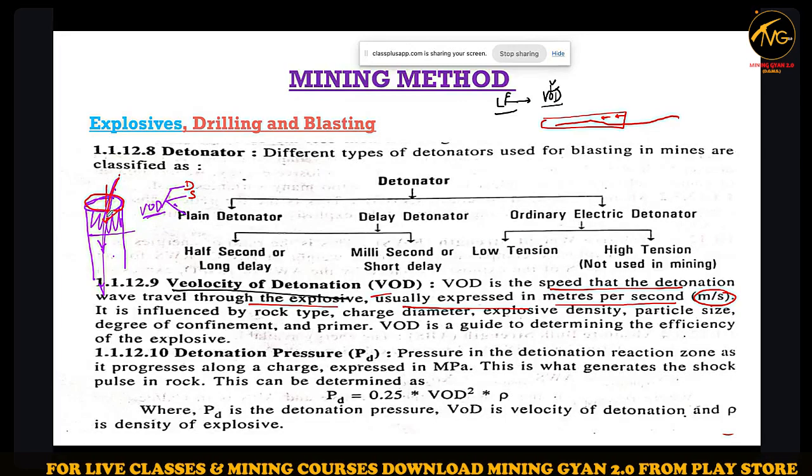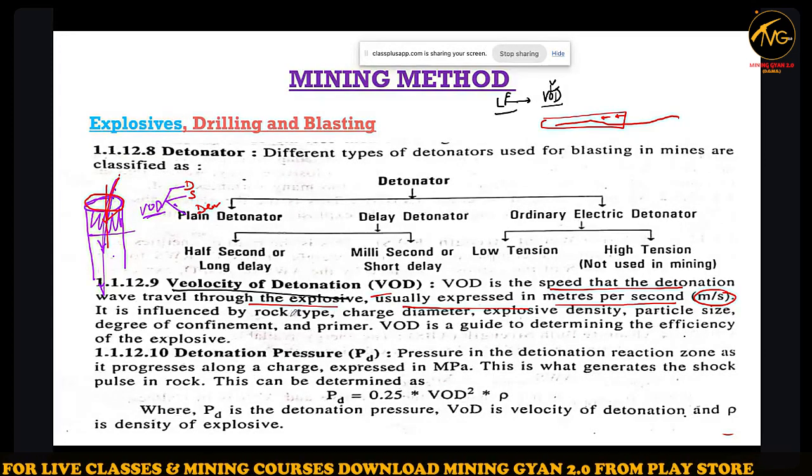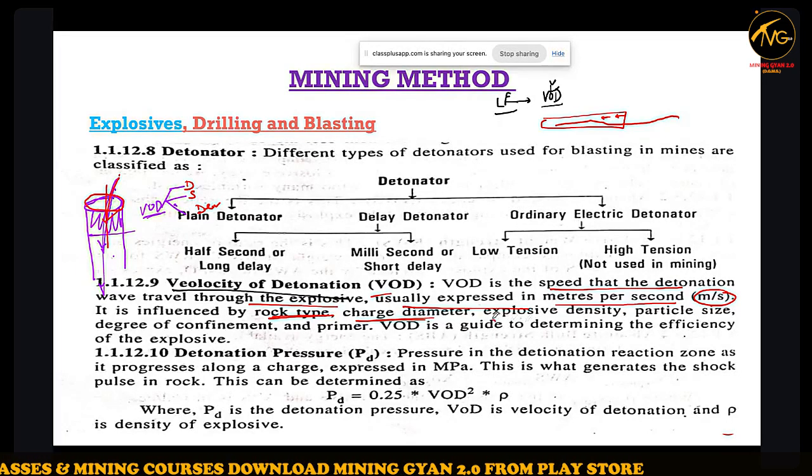Or fourth, density of rock. So rock type, charge diameter, explosive density, particle size, degree of confinement, and primer.